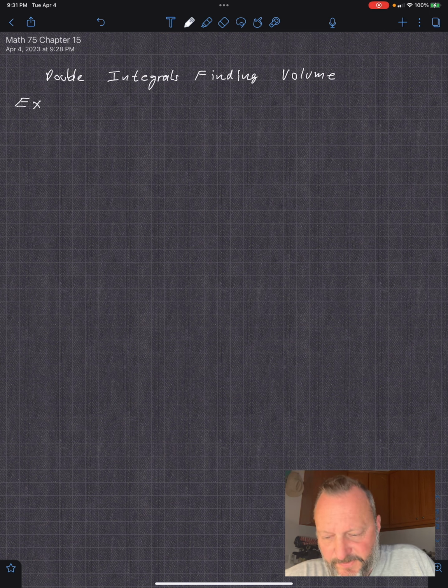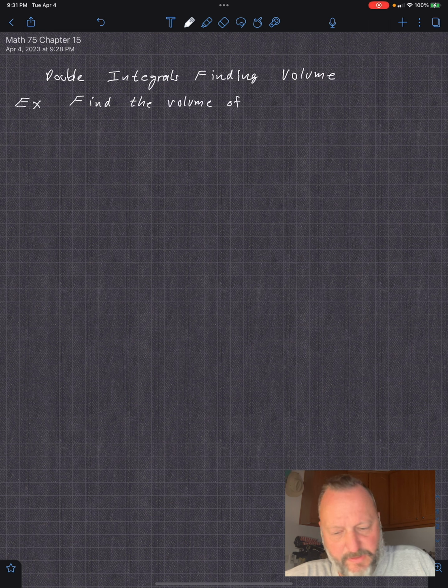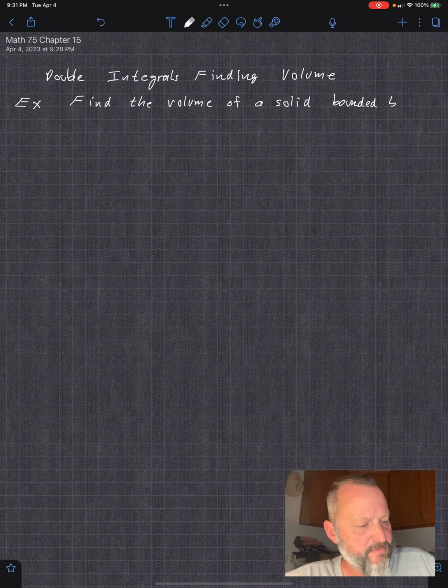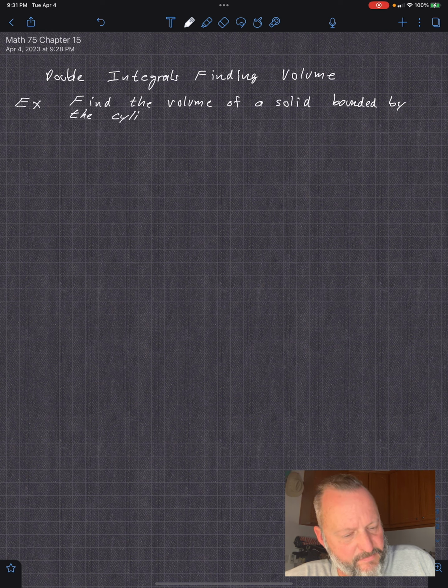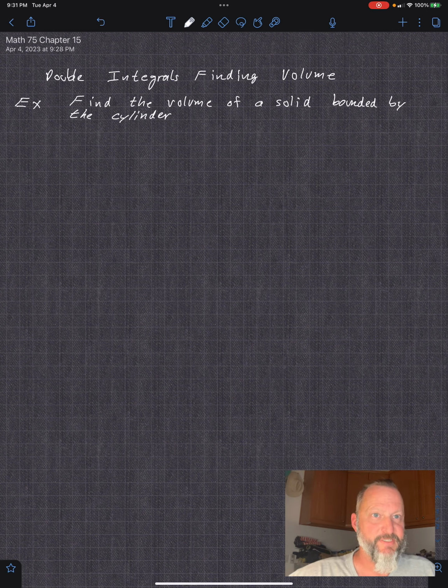Okay, so find the volume of a solid bounded by the cylinder, and we mean like a general concept of a cylinder.